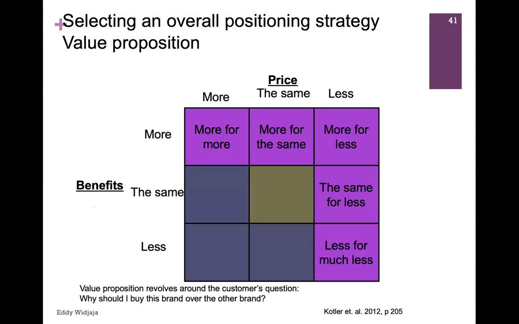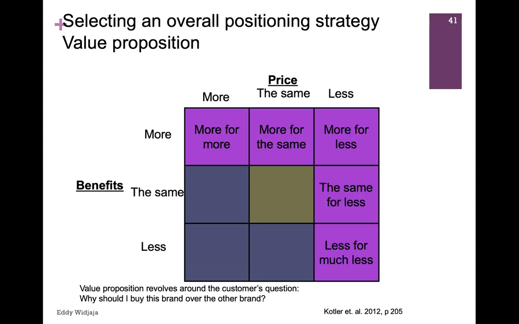In other words, the value proposition is defined as a set of benefits that we promise to deliver for customers. That is the concept of value proposition. Now, from the customer perspective, the benefits are always judged by the price.